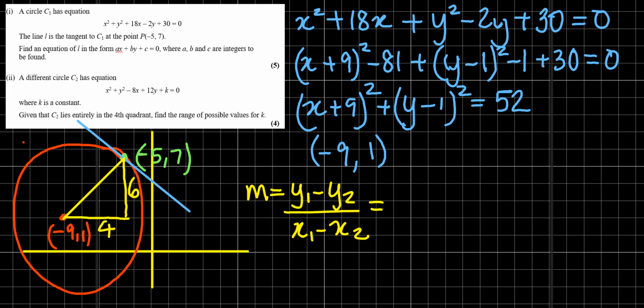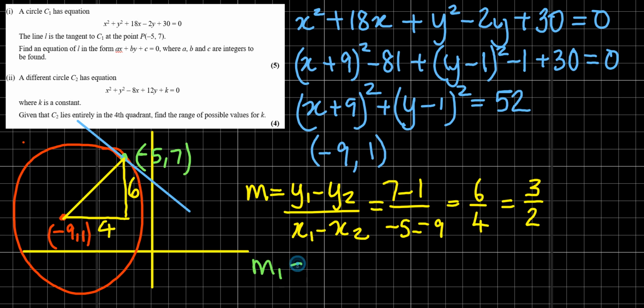So we know that the gradient is going to be 6 over 4, which is 3 over 2. Now the tangent would have the negative reciprocal, so the tangent gradient would be minus 2/3. Its x value is minus 5. Its y value is 7.